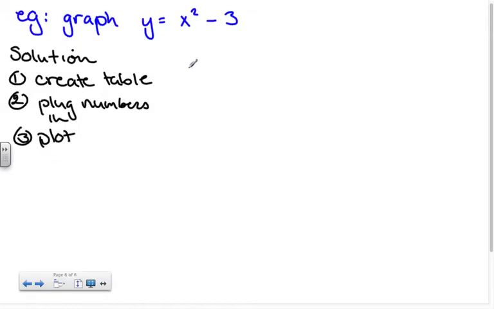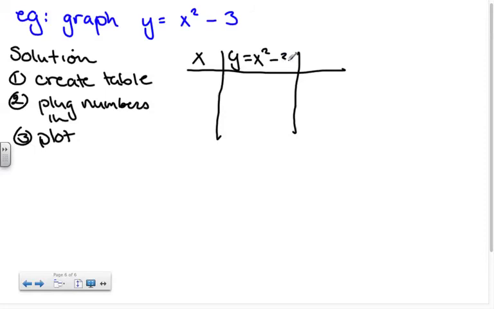So to make our table, we'll do it like this. Now, bear in mind that I'm showing you a little bit of extra work here. This middle column you don't really need. It's just there to help you visualize and make sure you know what to do.